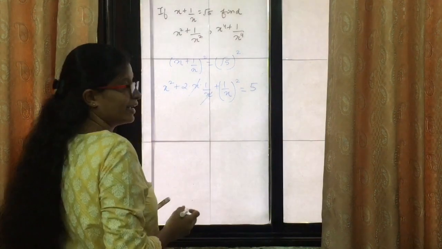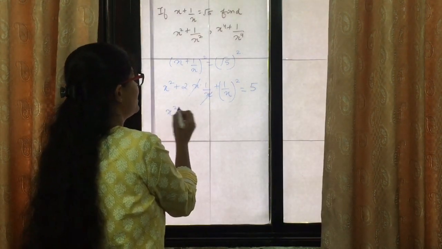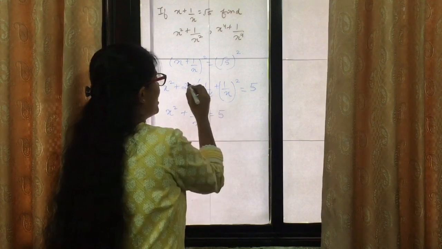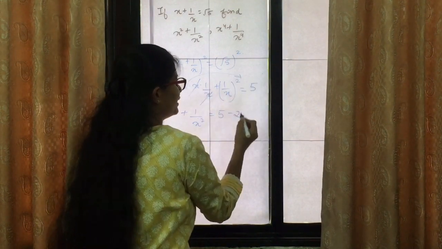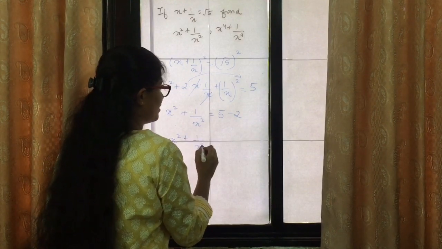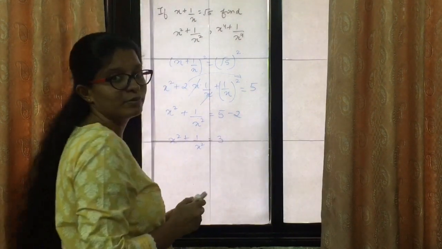Again x and x will get cancelled out. The remaining terms will be x square plus 1 upon x square is equal to 5, and this 2 I will take here, it will be minus 2. So x square plus 1 upon x square comes out to be 3.